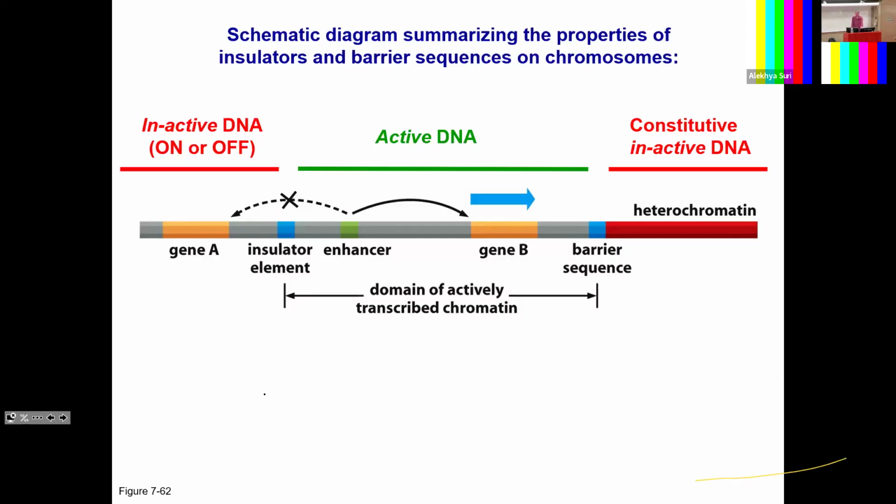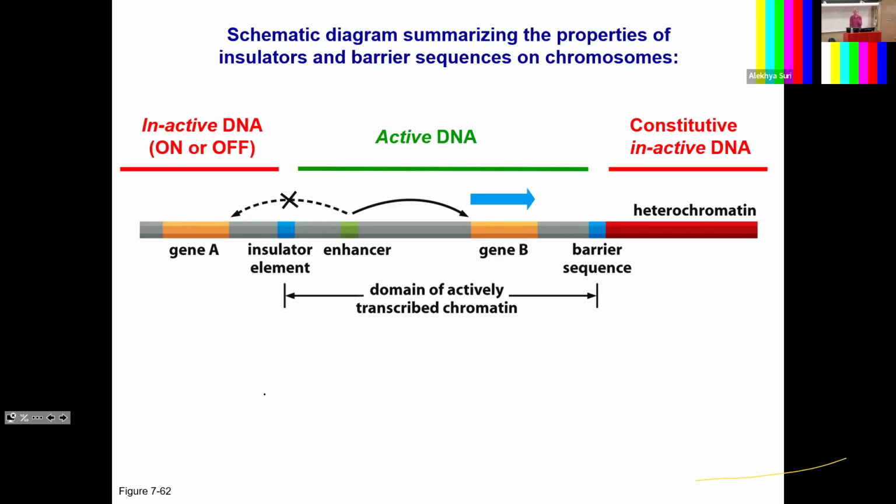This is this red bar, which means it's constitutively inactive, whereas in active DNA some genes can be turned on, turned off. The inactive DNA, the heterochromatin, is separated from the euchromatin, or active chromatin, by barrier sequences.